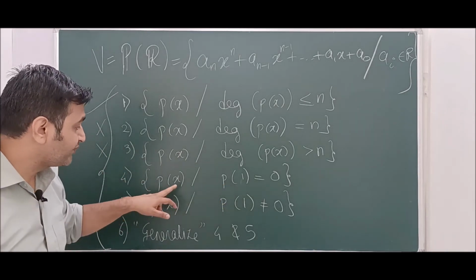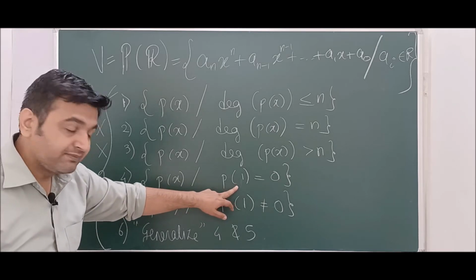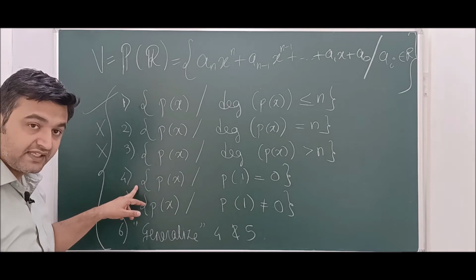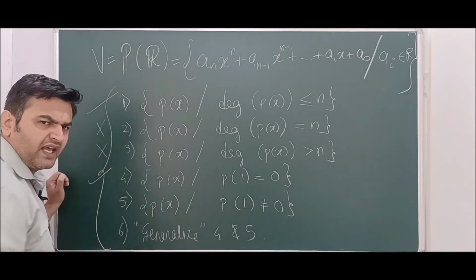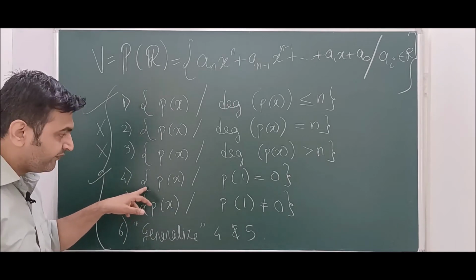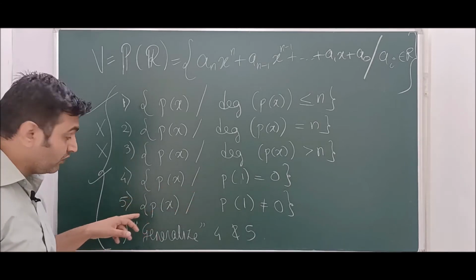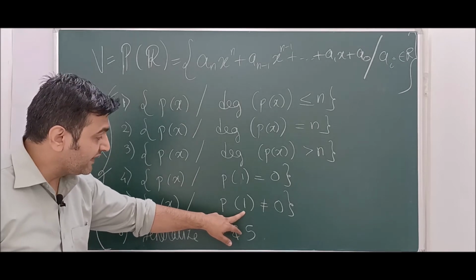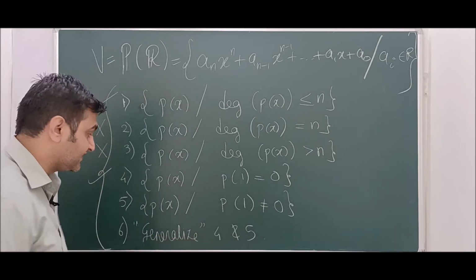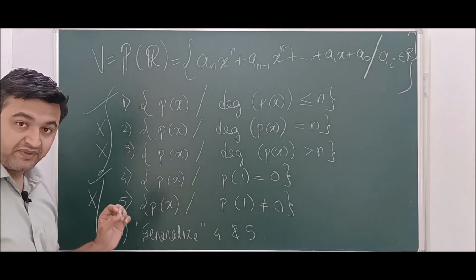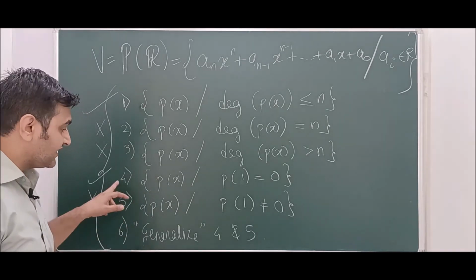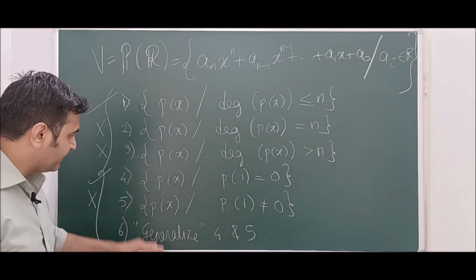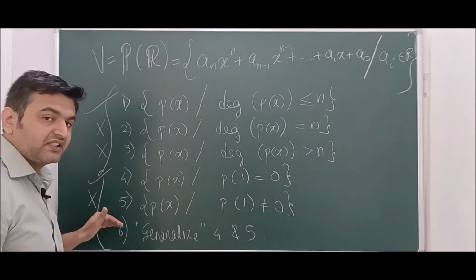Then all those polynomials P where, when you replace x by 1, you get the answer 0, we will see that this collection also forms a subspace. I will take some examples as well so that this will be more clear to you. All polynomials where, when you replace x by 1, that means when you evaluate at 1, you get a non-zero answer, do not form a subspace. And at the end, we will generalize 4 and 5. What do I mean by generalization? I will come to it once we are done with these 5 points.